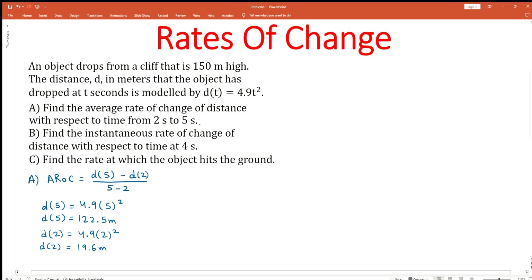Now we can use these values to find the average rate of change.